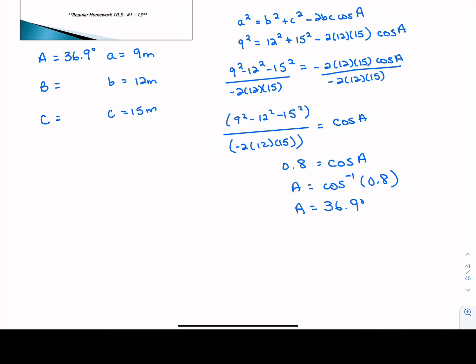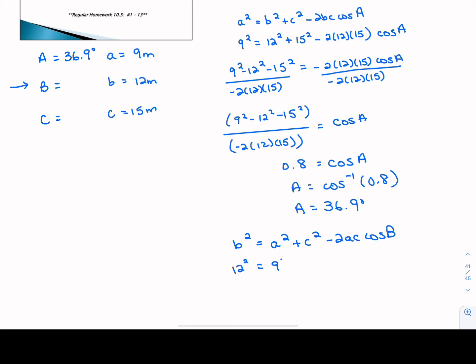Now, if we keep working alphabetically and we want to solve for angle B, we have to use the formula that starts with b squared. So b squared will equal a squared plus c squared minus 2ac multiplied by the cosine of b. So once again, b is 12. We've got 12 squared.